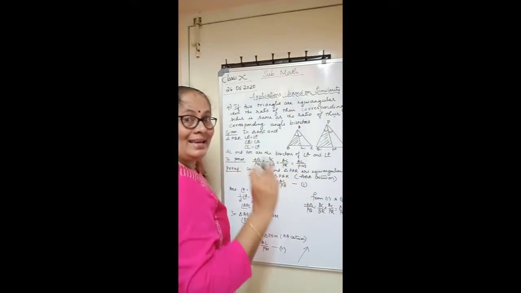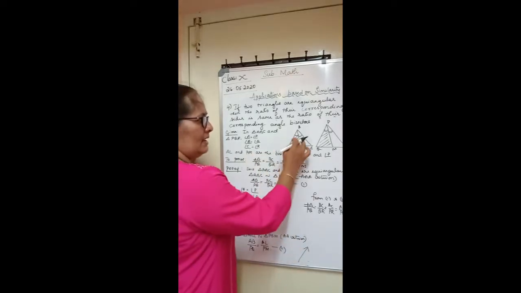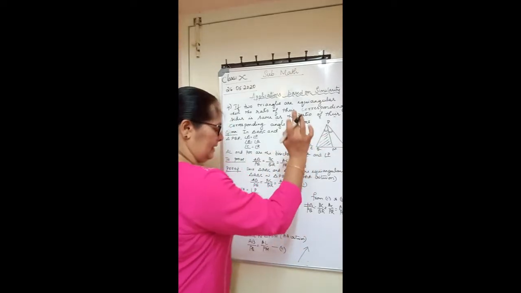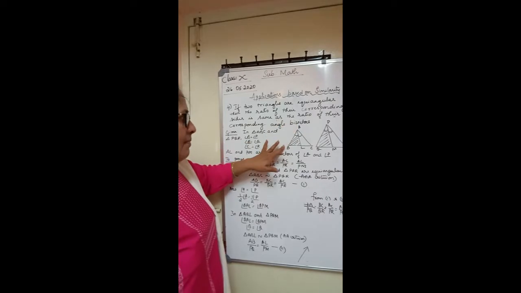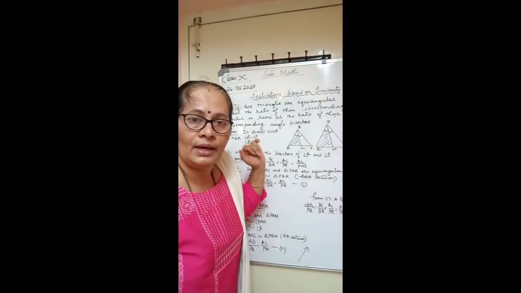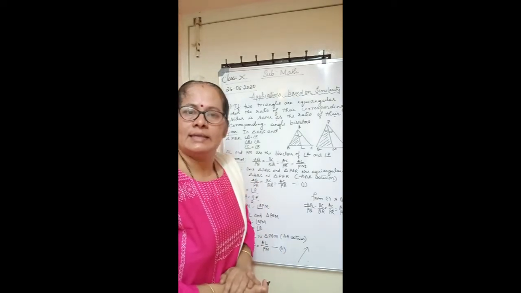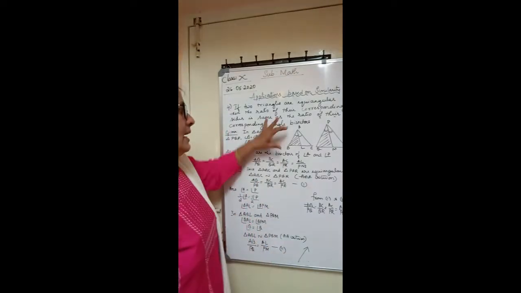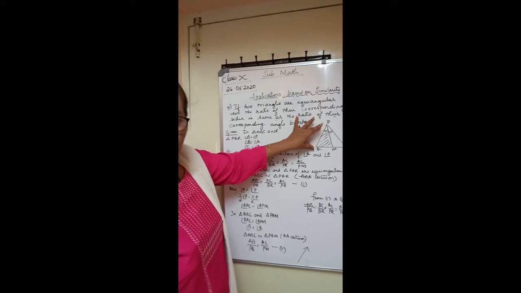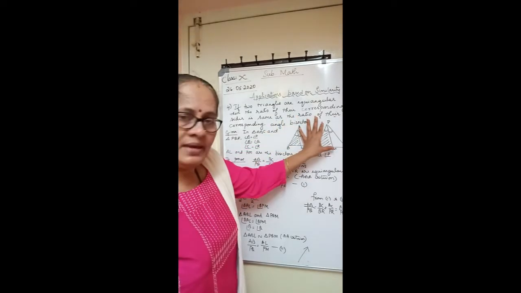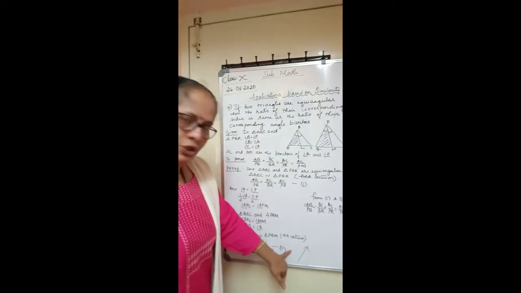So by AA criterion, these two triangles are similar. That is, triangle ABL is similar to PQM. When the two triangles are similar, once again their corresponding sides are proportional. That is, AB by PQ is equal to AL by PM. So take this as equation 2.